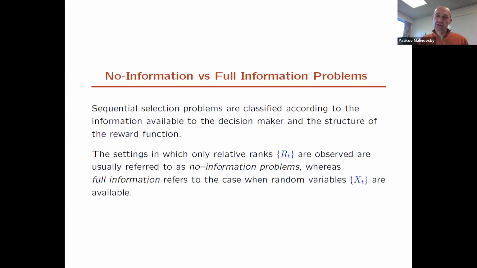First, what reward function we are interested in, and second, what information is available. Problems where only relative ranks are observed are called no information problems, and problems where the x's themselves are observed are called full information problems. So I'm going to present everything in terms of no information and then switch in some cases to the full information case.